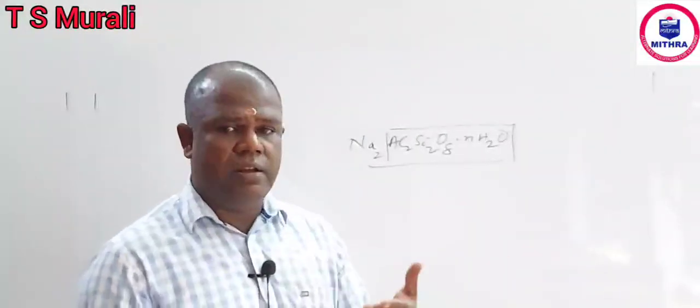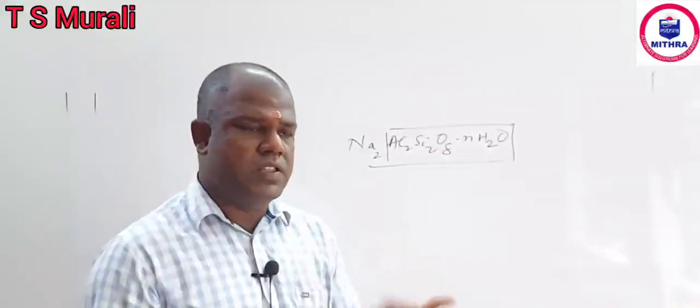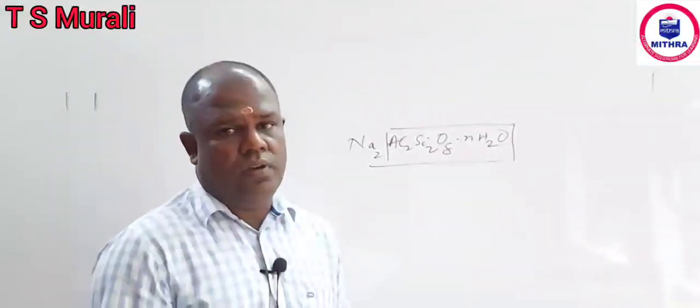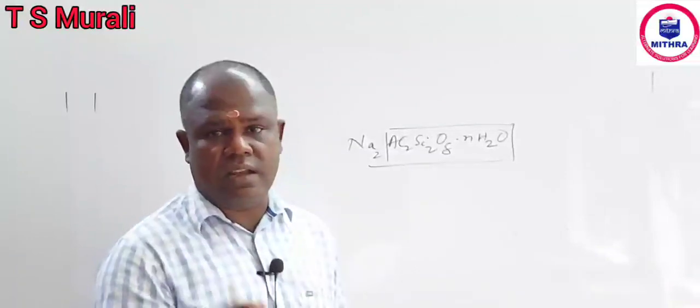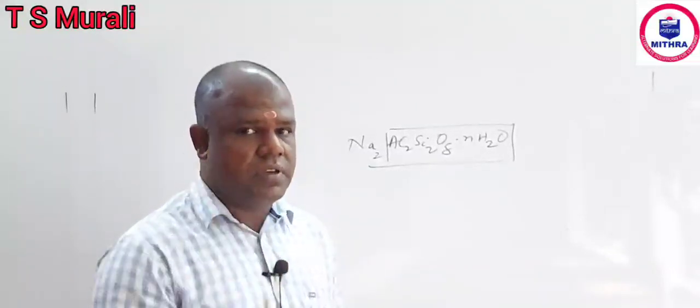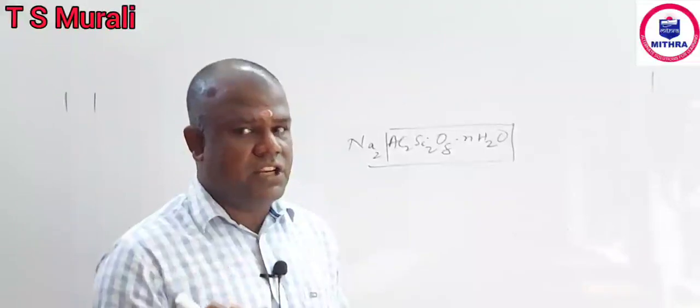Naturally occurring aluminosilicates are available, but nowadays we are synthesizing them artificially also. Pune NCL, the National Chemical Laboratory, is one of the famous chemistry research institutions all over the world.